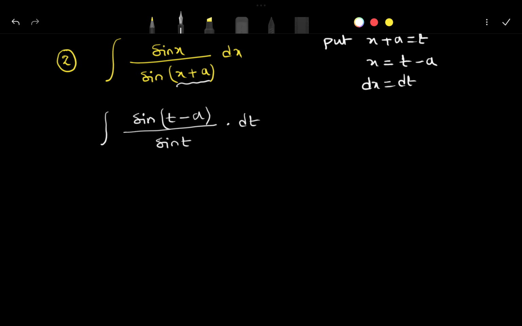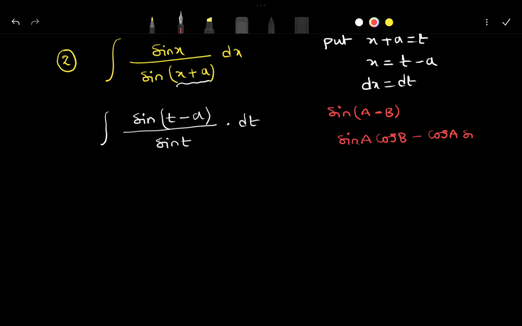Now after that, in the numerator you see the expression is in the form of sin of a minus b. You know the sin of a minus b formula, what is that value? That is equal to sin a cos b minus cos a sin b.